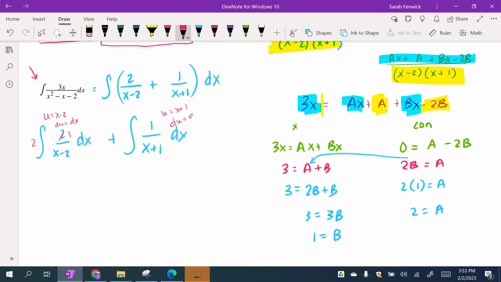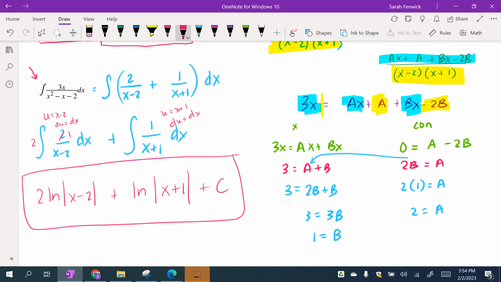Du equals 1 dx. We got that. These rules give you natural logs. So 2 ln absolute value x minus 2 plus ln absolute value x plus 1 plus c. And that's how partial fraction decomposition works. And I think we actually worked ahead of where we needed to be for this, but it gives you a pretty decent idea of what's going on.